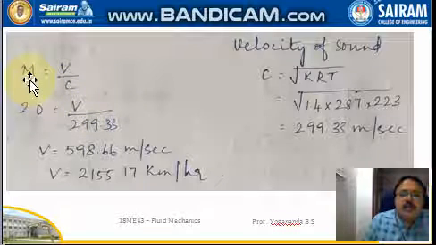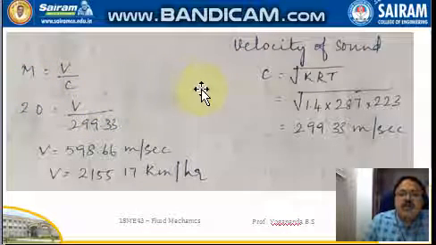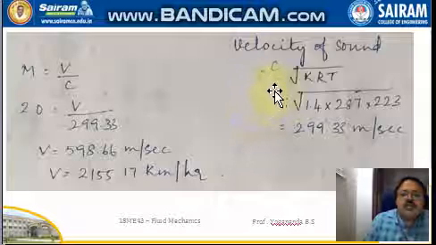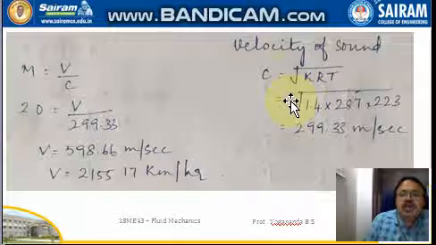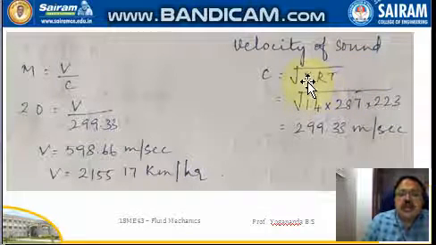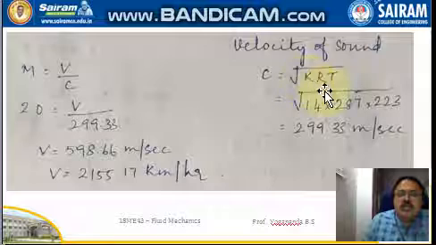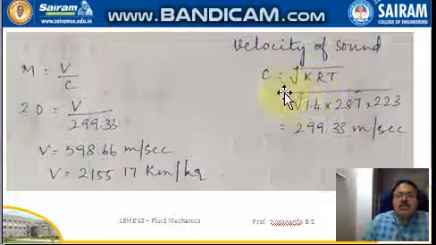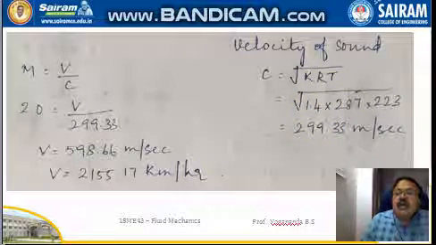Mach number is given. First we need to find out the velocity of the sound. We have different equations for sound waves. Since the constant of specific heat is given, we consider this as an adiabatic process having the equation square root of kRT.